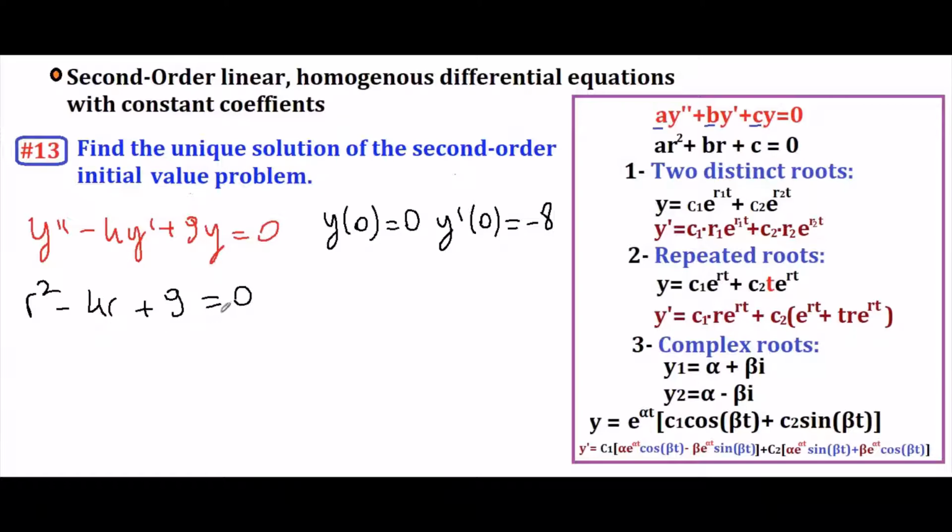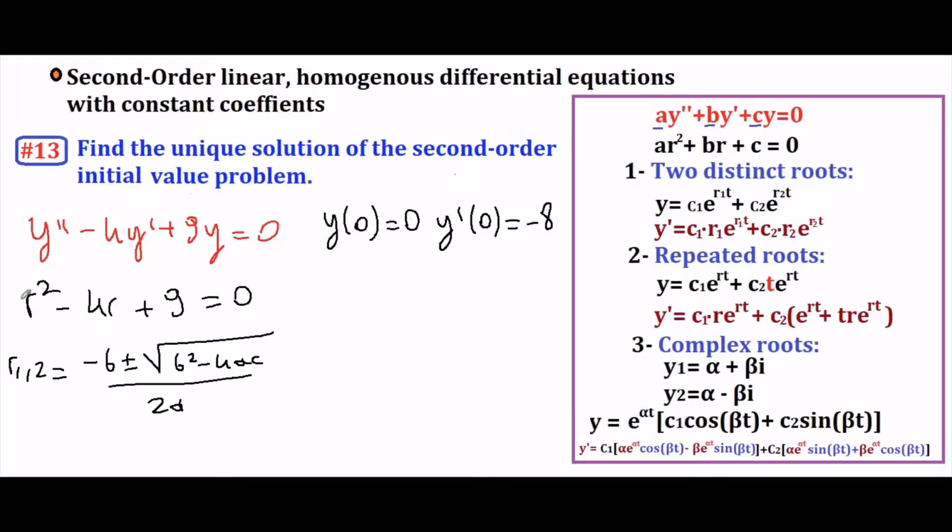We know that this is complex roots because our c term is greater than our b term, so let's apply the quadratic formula. R1, R2 is equal to -b plus or minus the square root of b squared minus 4ac, all over 2 times a.